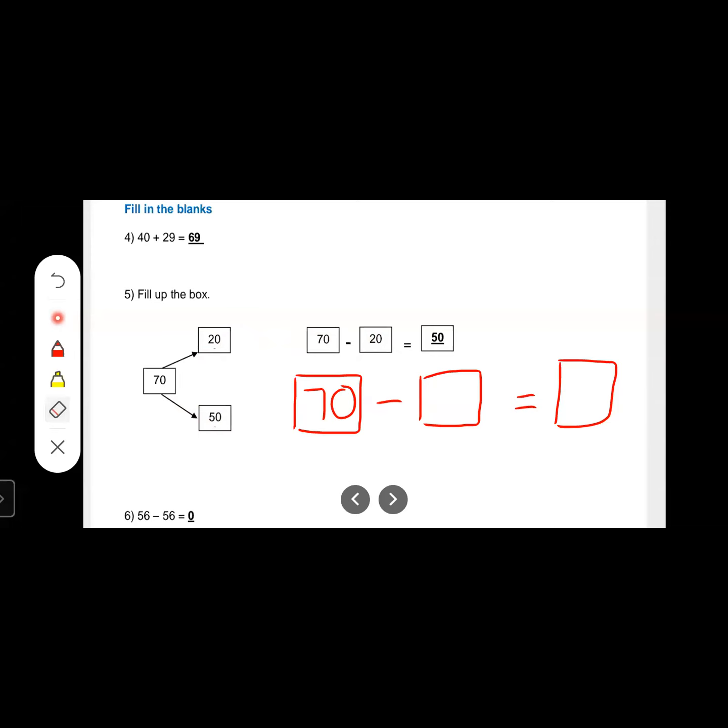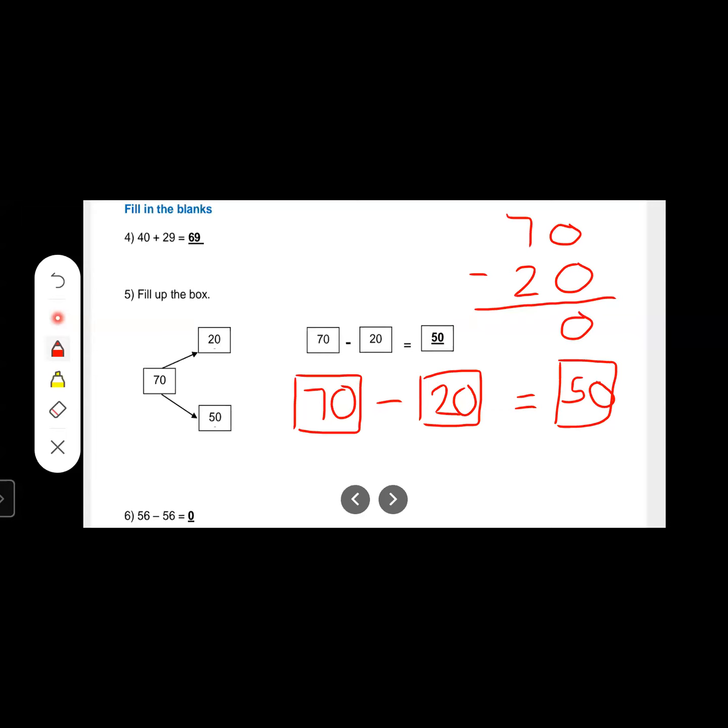Okay, now you can see that the answer is this number, 50. Let us check. 50 is the answer. Let us check. Okay, 70 minus 20. We will check the answer is 50 or not. 0 minus 0 is equals to 0.